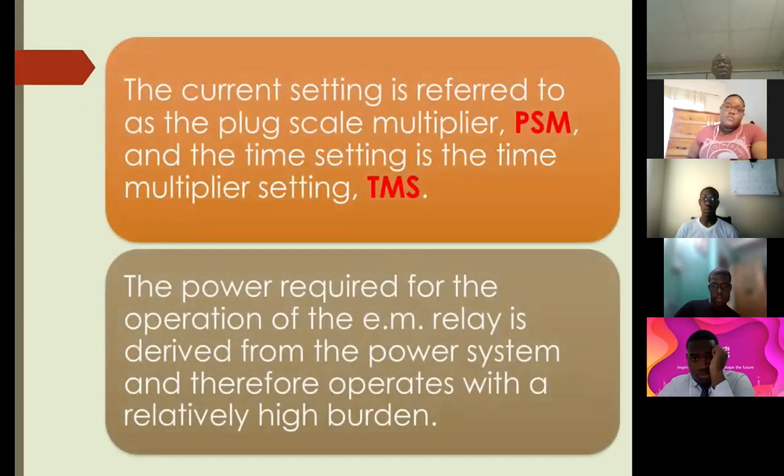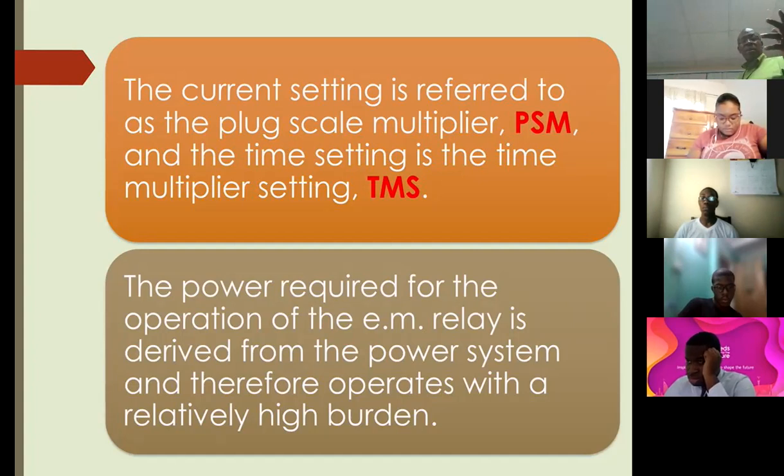So this is what the electromechanical relay looks like. Whether I'm using electromechanical or static relays, the basic principle remains: I must be able to define the curve. For the electromechanical, the curve is defined in terms of empirical data. For the static, as we said earlier, we define it using the curves, the equations.